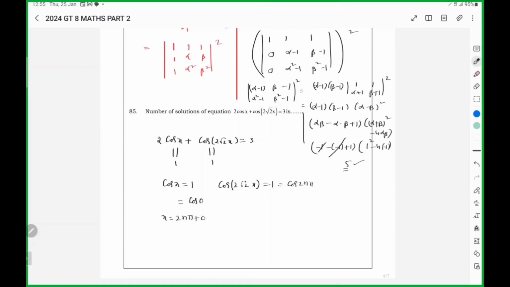Here it is cos 2n pi. 2 root 2x is 2n pi. x is n pi by root 2. If n is 0, there is a common solution. If n is not 0, then one becomes 2 pi, the other becomes different, like for n equal to 1. So no common part. So only one solution for this equation.